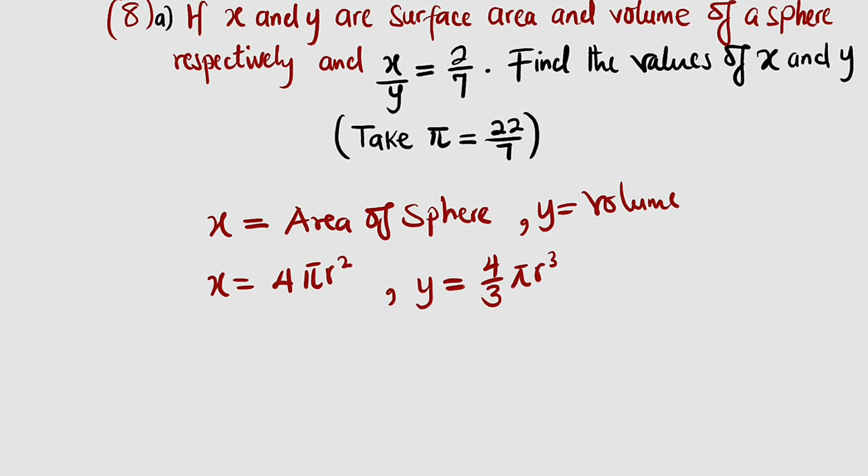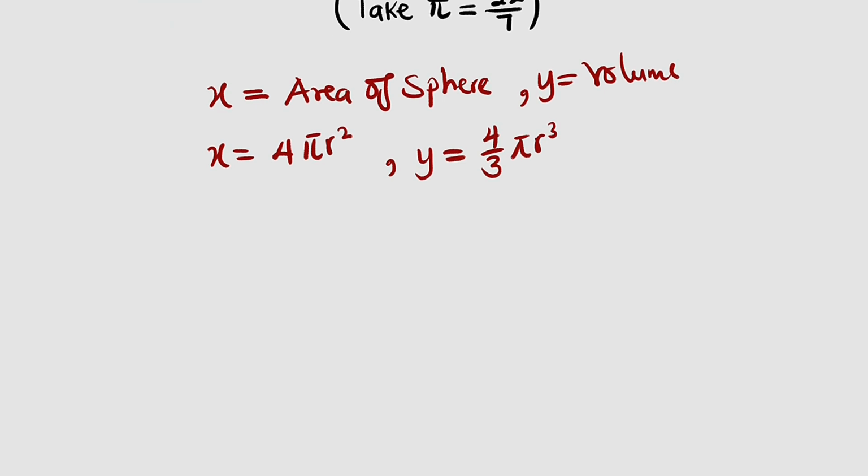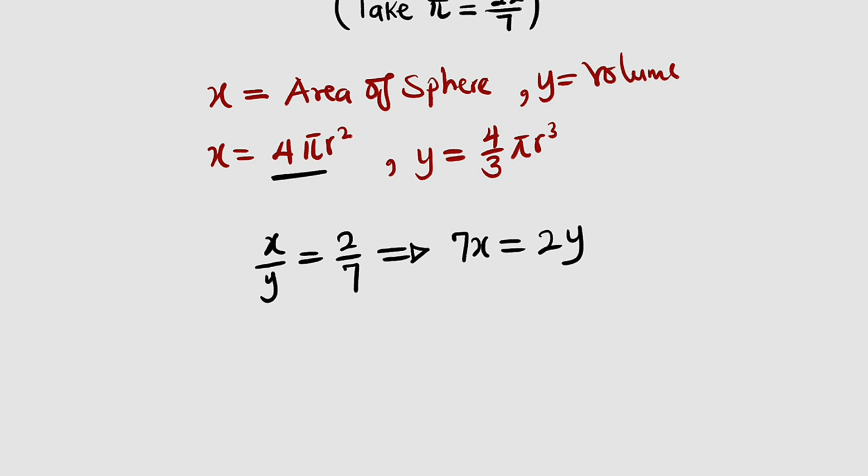But we have seen also that x divided by y is equal to 2 divided by 7, right? So let's bring it here. x divided by y is equal to 2 divided by 7, which implies that if you cross multiply, 7x is equal to 2y. But we have seen that x is equal to this and y is equal to this. We are going to substitute them here.